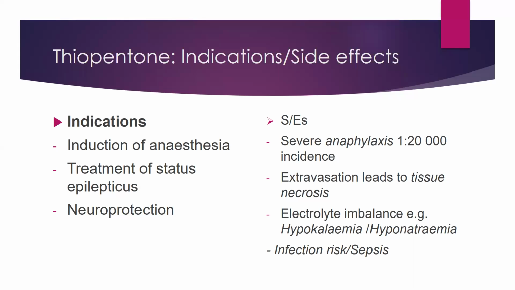One of them is severe anaphylaxis, which occurs in about 1 in 20,000 patients. Extravasation leads to tissue necrosis, and prolonged infusion of thiopentone can cause electrolyte imbalance, especially hypokalemia and hyponatremia. Prolonged infusion can also increase infection risk, and the presence of sepsis will negate the use of thiopentone as a prolonged infusion.